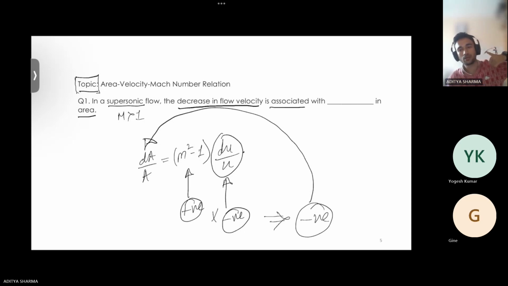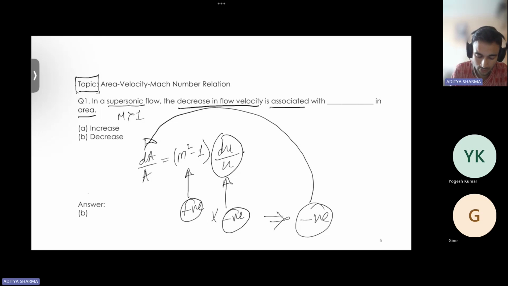In that scenario, if the flow is supersonic, the flow velocity will decrease. So let's move to our next question. The answer is B. This is the answer.